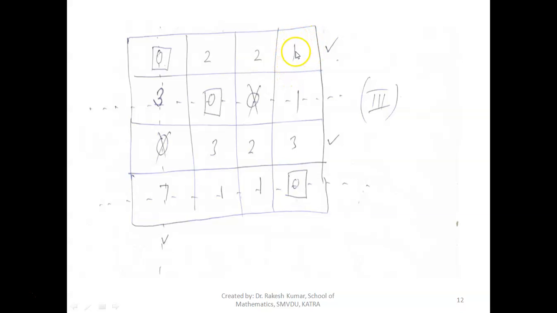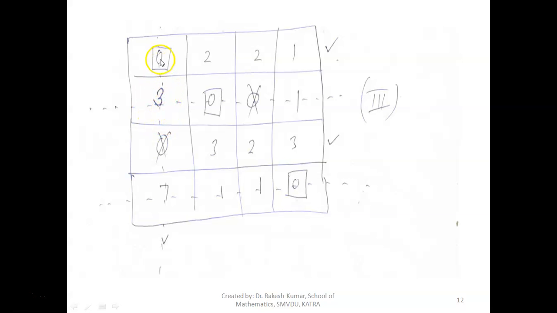Now subtract it. 1 minus 1, 0; 2 minus 1, 1; 2 minus 1, 1; 3 minus 1, 2; 2 minus 1, 1; 3 minus 1, 2. So these are the new elements now.